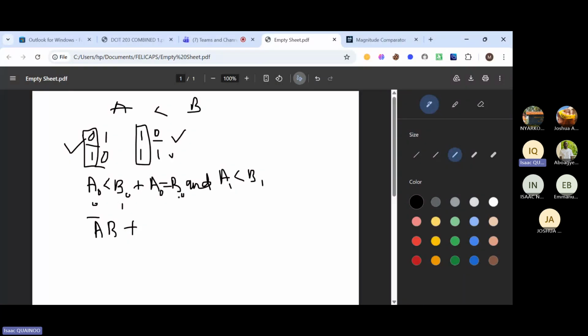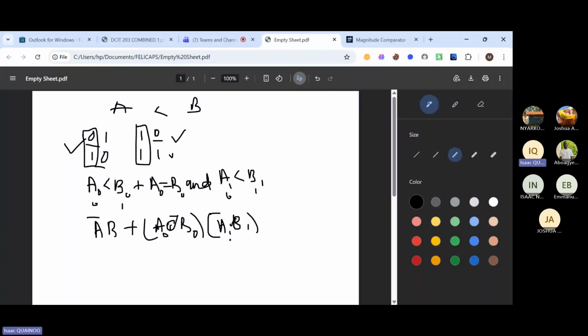So equality, we are going to have X-NOR, so A X-NOR B. And then we have our AND, which is direct multiplication. So for this to be less, here should be 0, here should be 1. So we are going to have A prime, and then B, then 1, in this manner.